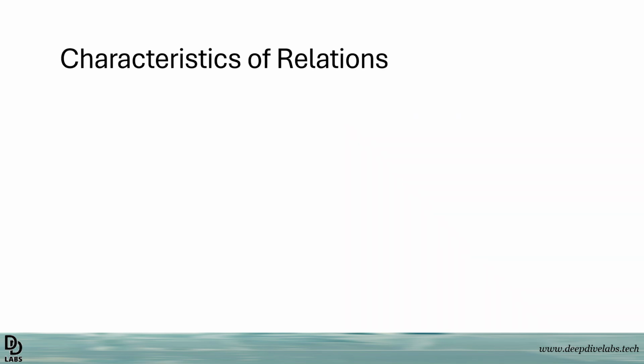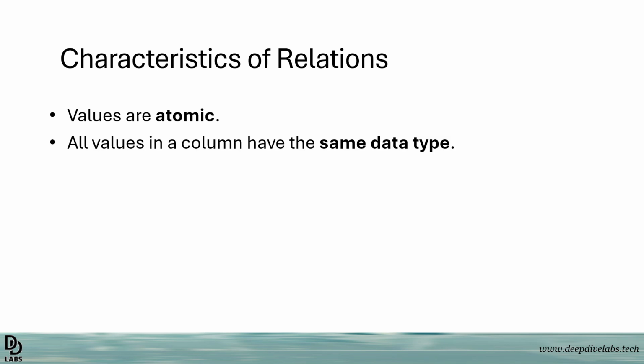So now let's take a deeper look into some of the characteristics of a relation, which is a data table. In a data table, the values are atomic, which means they are single valued. All the values in a column should have the same data type, right? So in a date type column, you cannot have any other string variables or data of different types.